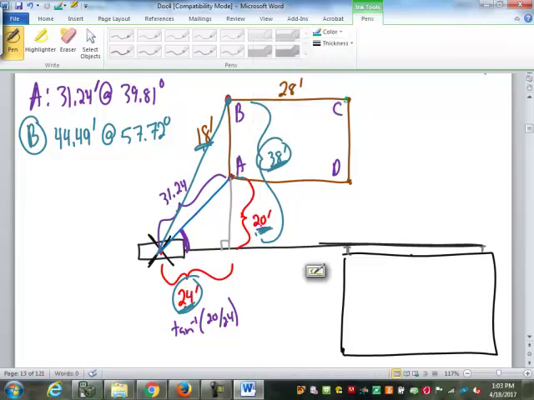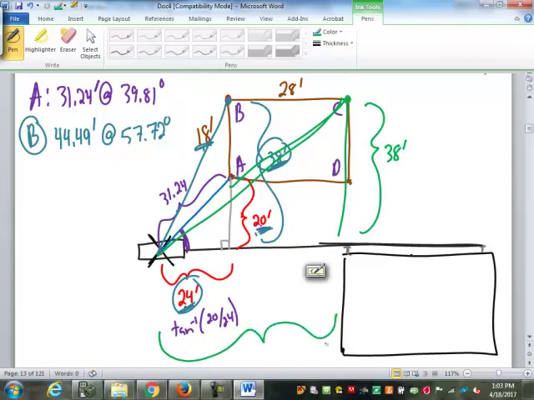Then get to my third corner over here. Do the same thing. It's not going to go through that corner. This is still 38. Now this is how much? 52, very good. 24 plus the 28.